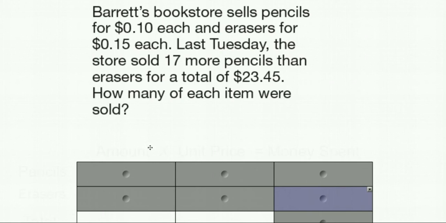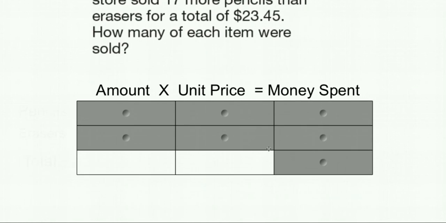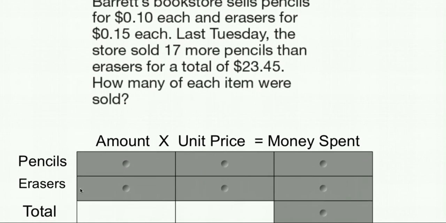Okay, so in this case, we use the formula, the one that I gave you: amount times the unit price equals the money spent. The formula again is on the very top, and on the side are the items being mixed, in this case the pencils and the erasers, and what we talked about, the total should always be at the bottom. So let's put things where they should be.